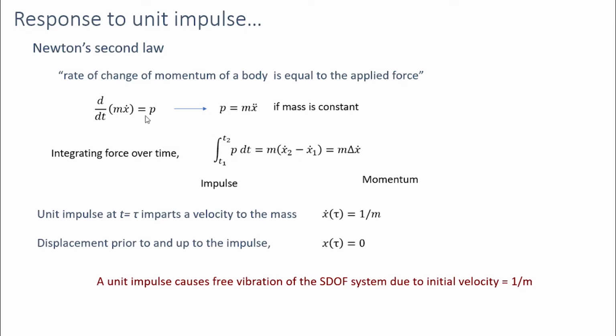The impulse acting on that body gives it an initial velocity, and that initial velocity will cause the system to vibrate under free vibrations. It is free vibration because after the impulse there is no force acting on the system.